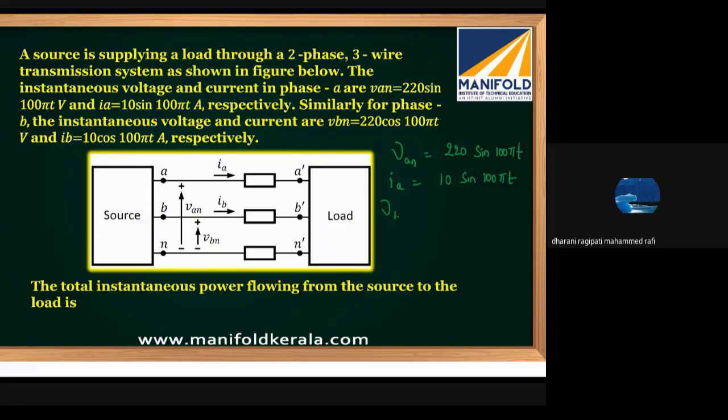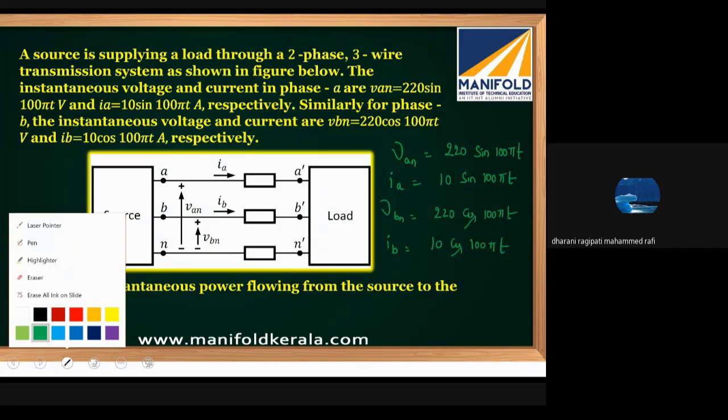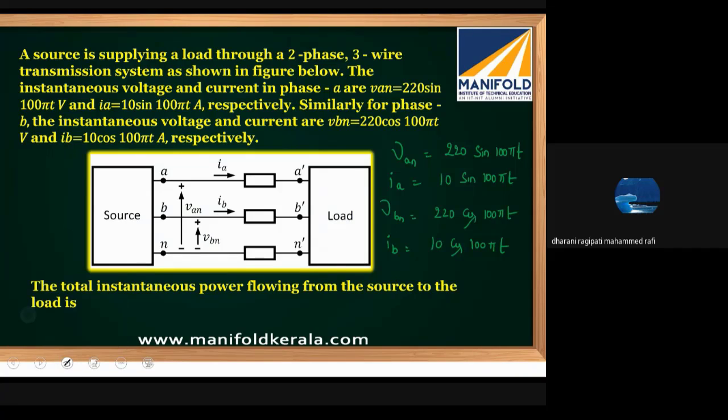Similarly, the voltage between the B phase and neutral is how much? 220 cos 100 pi t. And the current flowing in the B phase conductor is 10 cos 100 pi t. Okay. So for a two-phase system, what is the instantaneous power formula?